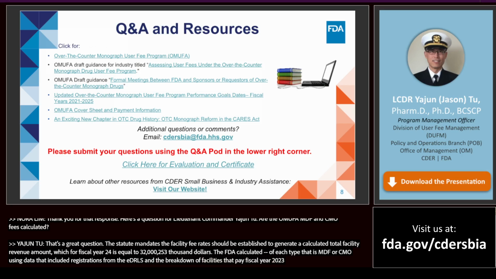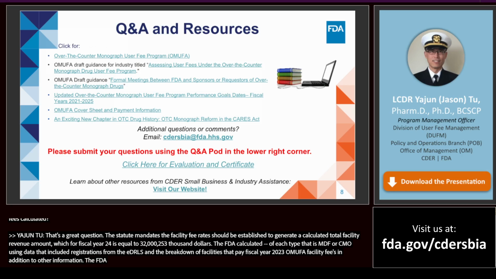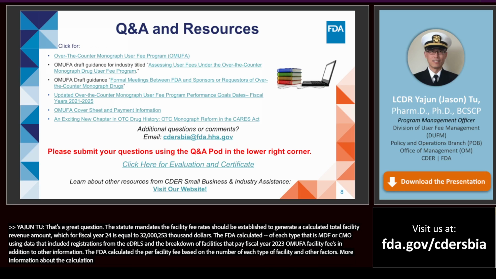FDA calculated the per facility fee based on the number of each type of facility and other relevant factors and assumptions. More information about the calculation of fiscal year 2024 facility fees can be found in the Federal Register notice issued on March 29, 2024. Thank you.